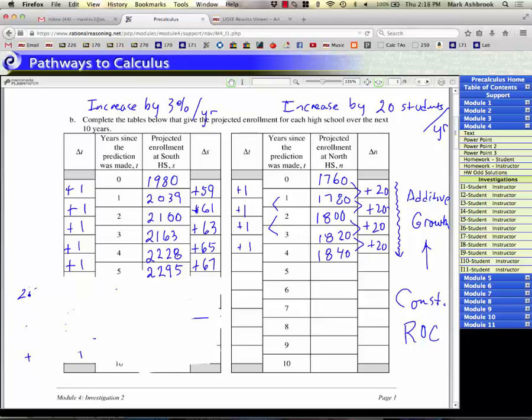So 2100, to get the next output, you take 3% of it, and then what? This is key. You add 2100 to get the next output, is that right? So watch this. I'm going to factor out 2100. And what will I have when I factor out 2100?